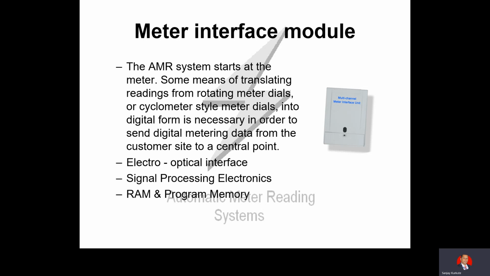The meter interface module starts at the meter and has some means of transmitting the readings from the rotating meter dials. In order to send digital metering data from the customer side to the central point, it includes electro-optical interface, signal processing electronics, RAM and program memory. This will be included in the meter interface module.